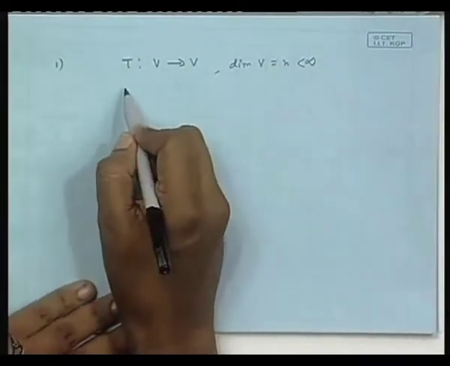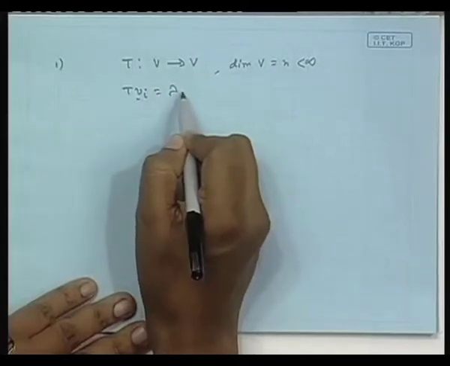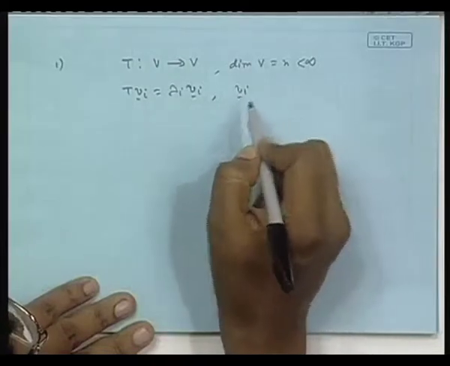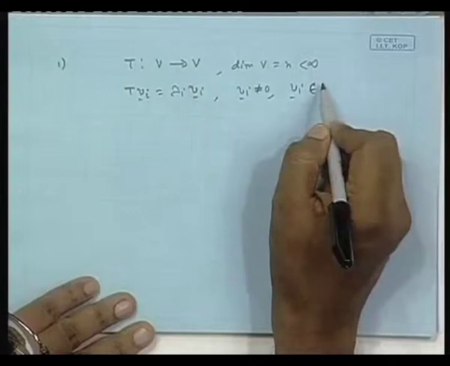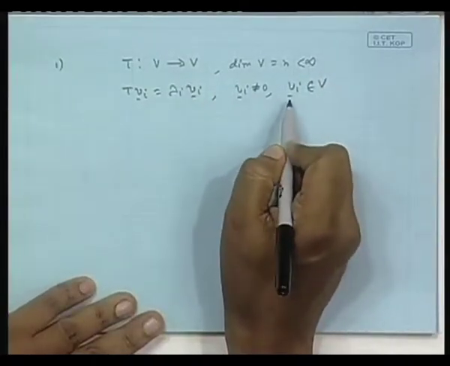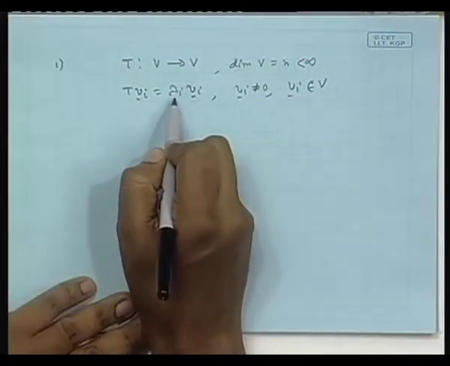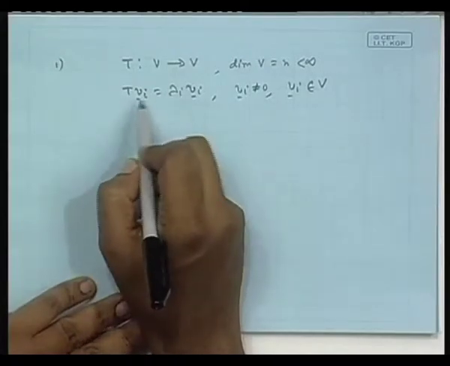Then, if you have some eigenvectors, T V_i = lambda_i V_i, where V_i is not equal to 0 and V_i belongs to V, that is, V_i is a non-zero vector belonging to V such that T working on V_i gives you back V_i only, just multiplied by a constant lambda_i. Then we say V_i is an eigenvector and lambda_i is the corresponding eigenvalue for this operator T.